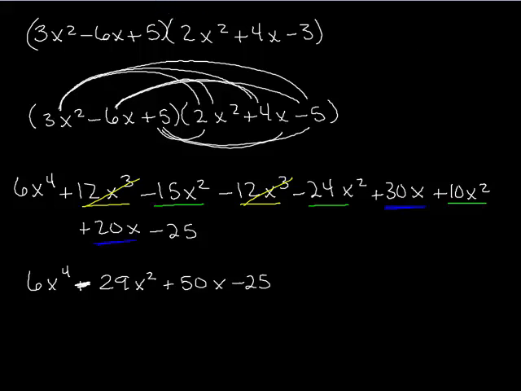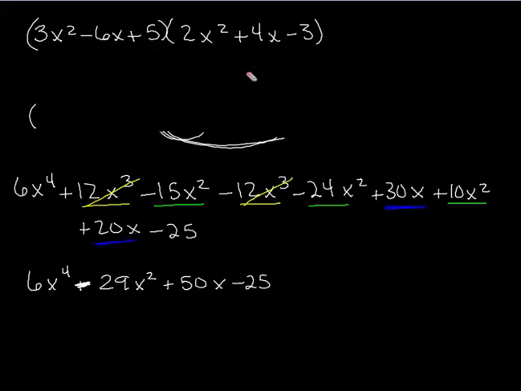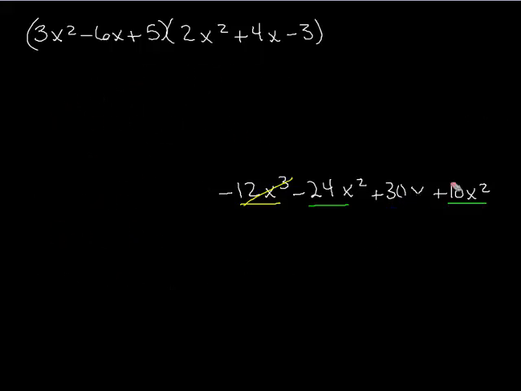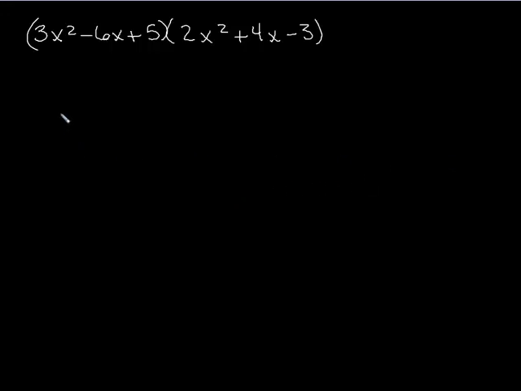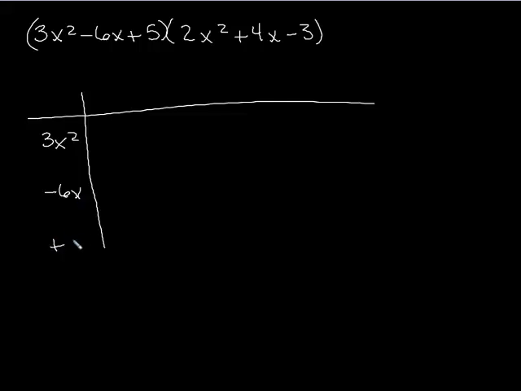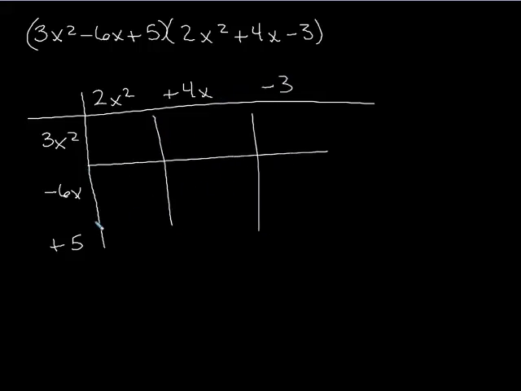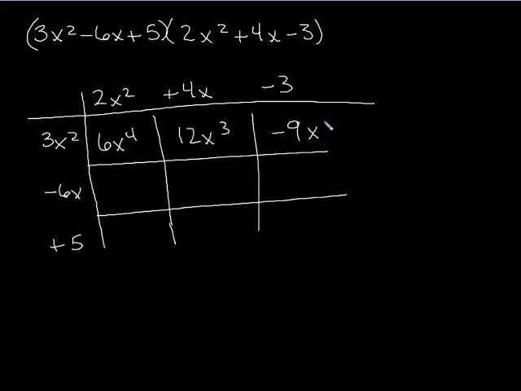Doing the same exact problem with the table, instead of the FOIL method, I would have 3 rows and 3 columns. Okay, so I'm going to get 6x to the 4th, 12x to the 3rd, negative 9x squared.